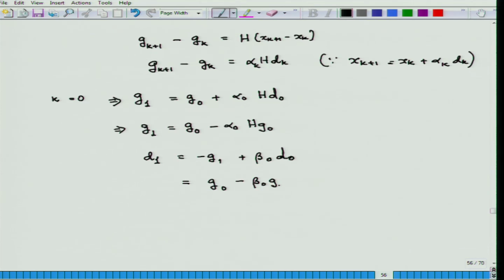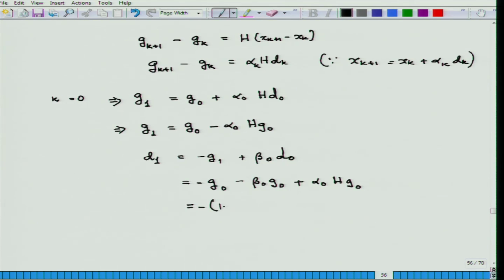So, minus g 1 is minus g 0 plus alpha naught h g 0, and beta naught d 0 is minus beta naught g 0.